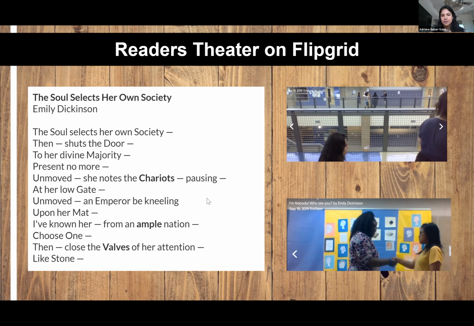And for many of my students, Emily Dickinson's poetry, which is usually very accessible, had many words that were not. So starting out, they had trouble, for example, pronouncing some of the words that are highlighted on the screen. They also had trouble really seeing the sequence of how these events were happening in the poem.